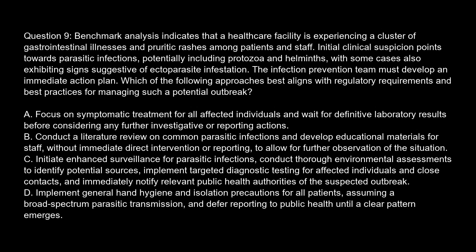Option C. Initiate enhanced surveillance for parasitic infections, conduct thorough environmental assessments to identify potential sources, implement targeted diagnostic testing for affected individuals and close contacts, and immediately notify relevant public health authorities of the suspected outbreak. Option D. Implement general hand hygiene and isolation precautions for all patients, assuming a broad-spectrum parasitic transmission, and defer reporting to public health until a clear pattern emerges.